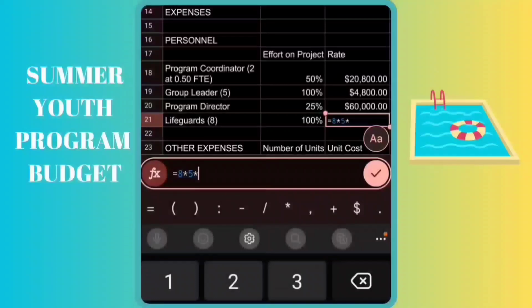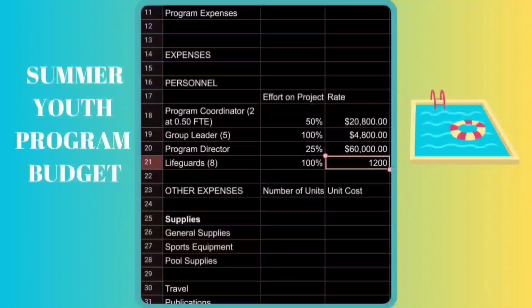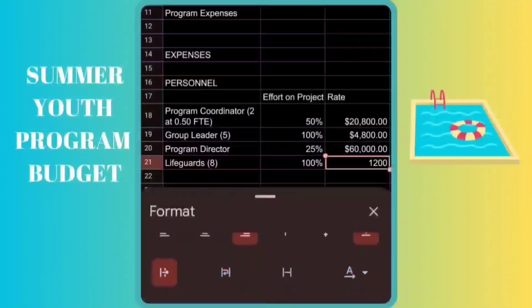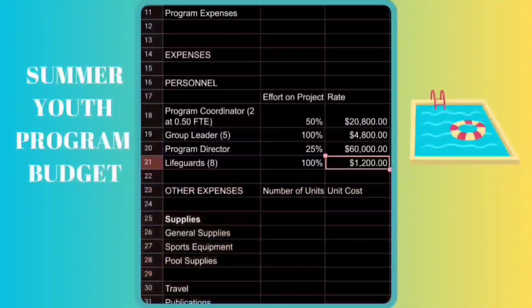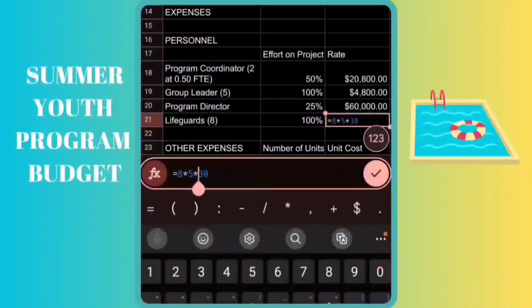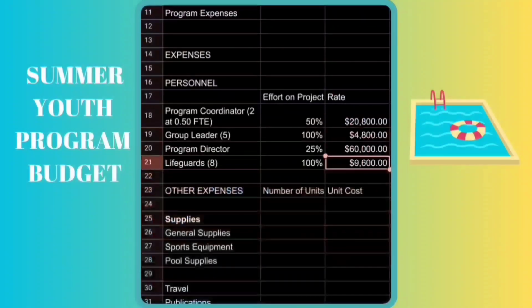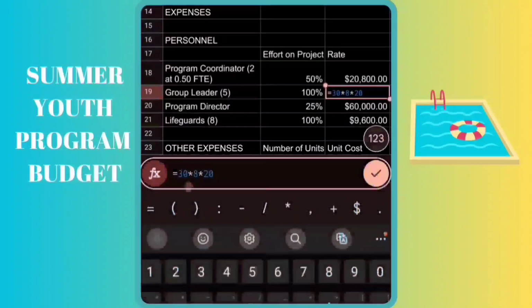So we have 8 hours a day, 5 days a week. And we have, I think, $30 an hour. I think I'm going to be working on that formula a little further. Yes, so 8 hours a day, 5 days a week, 8 weeks. And each of these rates are per person, per staff person.